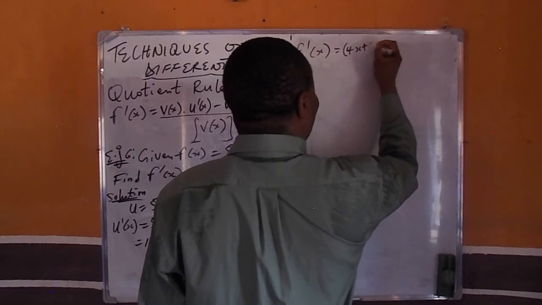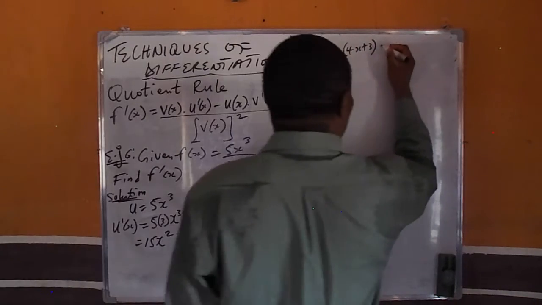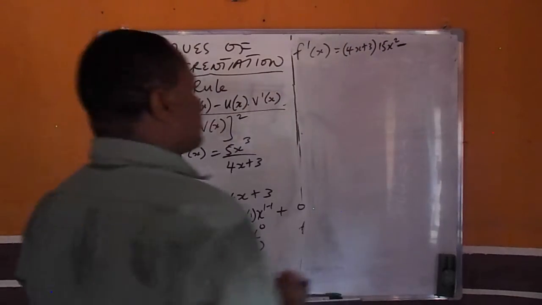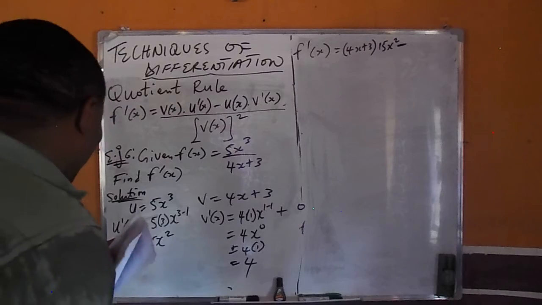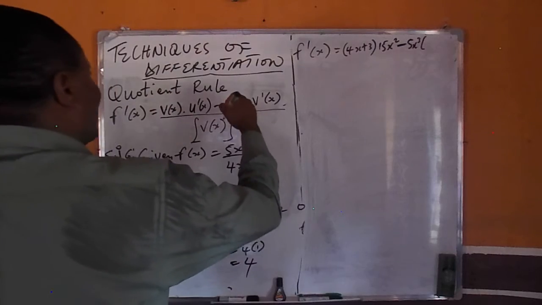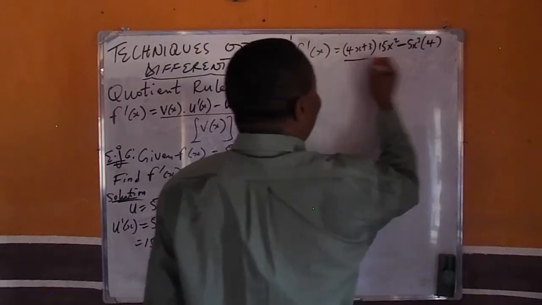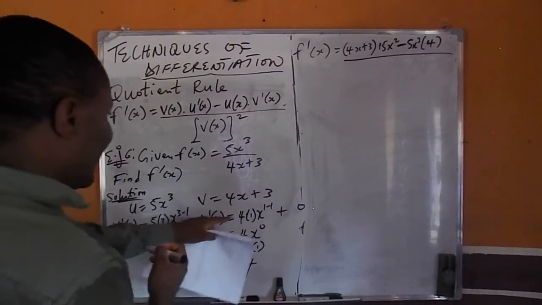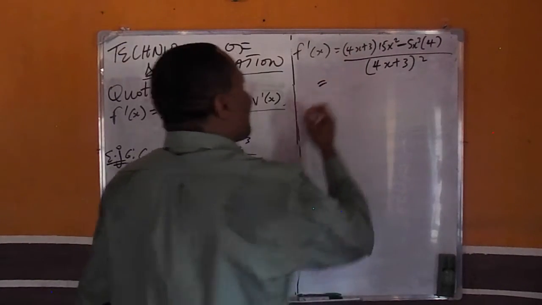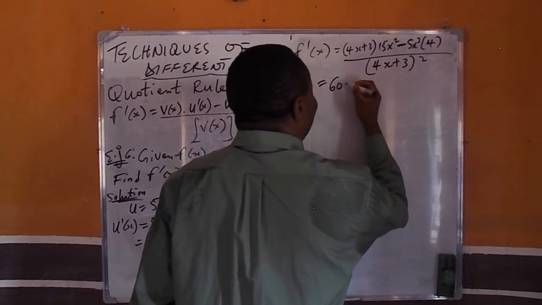In bracket 4x plus 3, bracket close, multiplied by u prime x, which is 15x raised to power 2, minus u of x, 5x raised to power 3, times v prime x, 4, divided by v of x raised to power 2, 4x plus 3 raised to power 2.